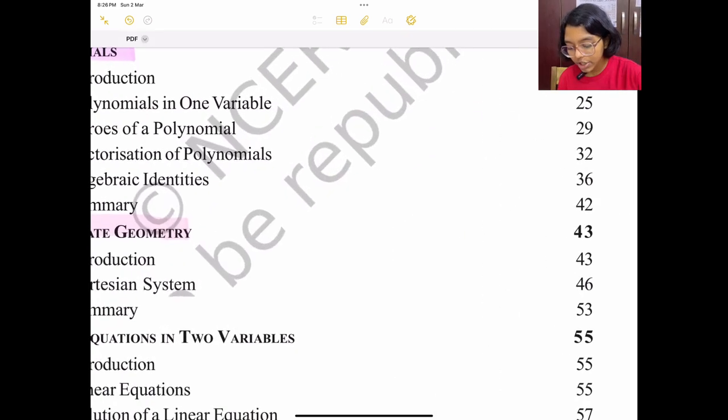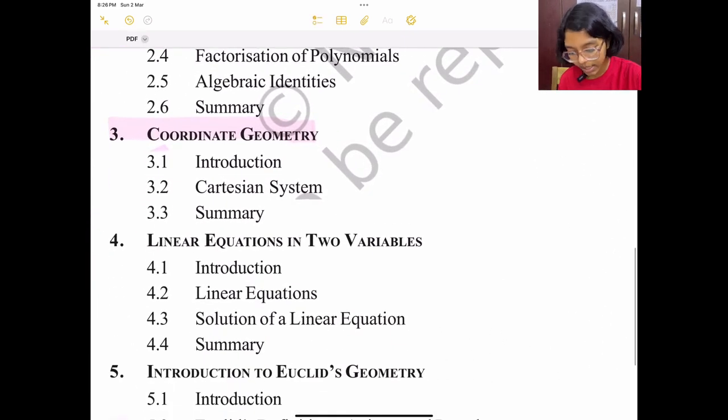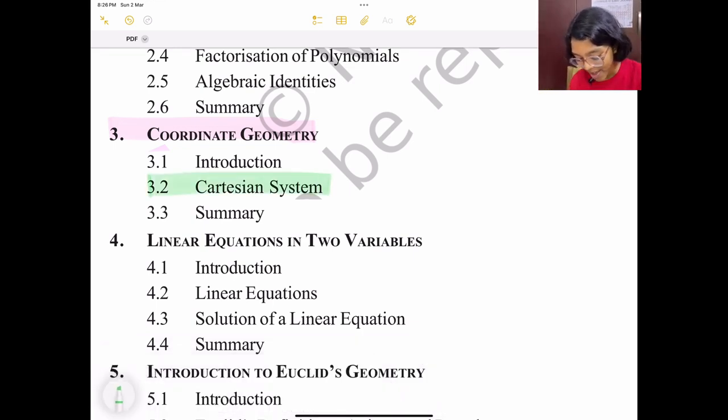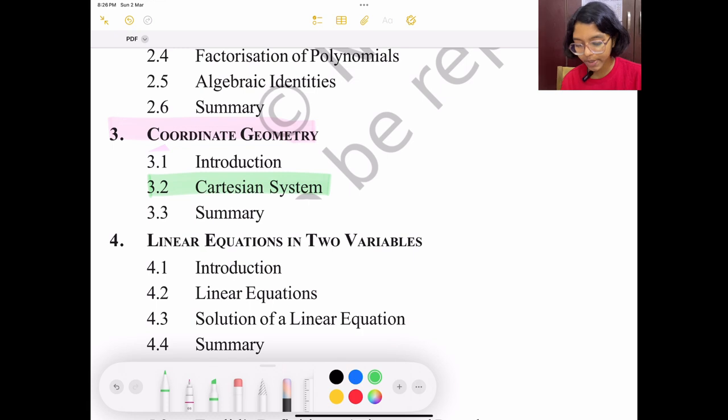Now in coordinate geometry, we actually don't have any formulas over here, but we do have the Cartesian system. Let me explain it to you.